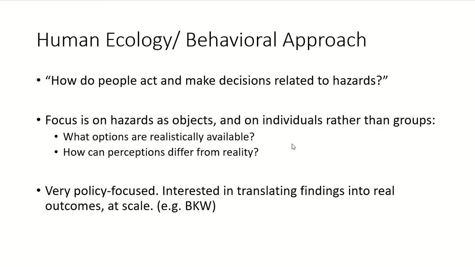And how can perceptions of hazards, their likelihood, differ from reality, and that might influence decision making? It's an attempt to take things as they are. So, empirically surveying what options are available, how people think about things, and what they can do in balancing or preparing for hazards.